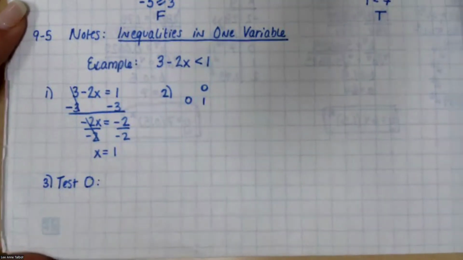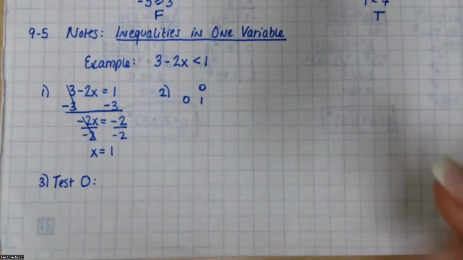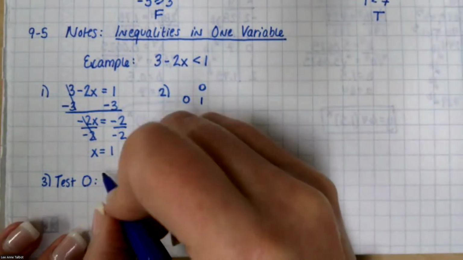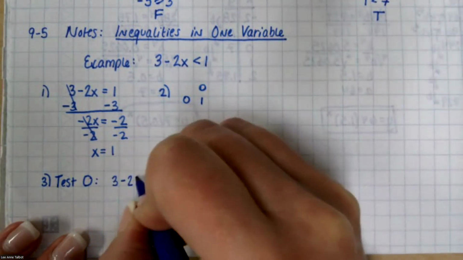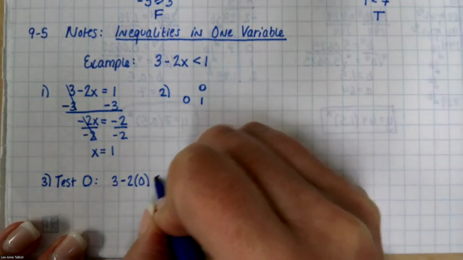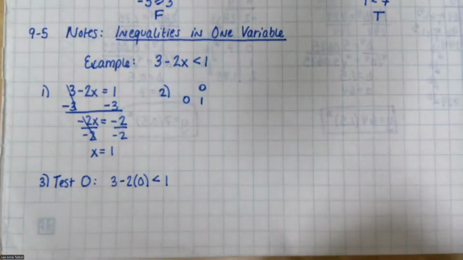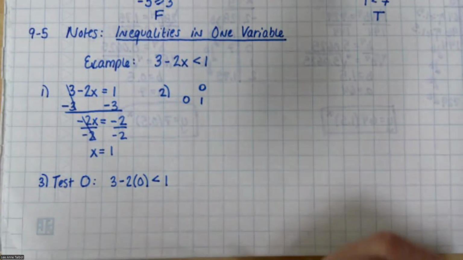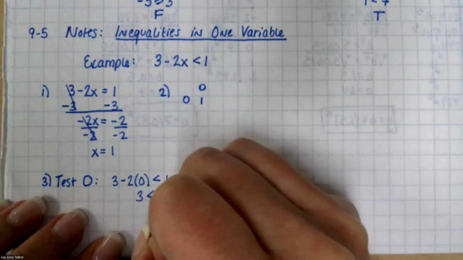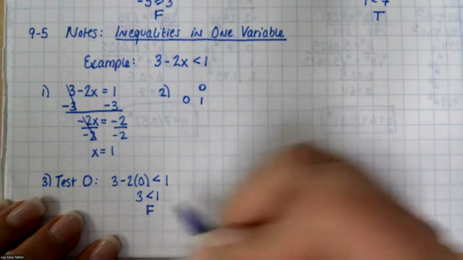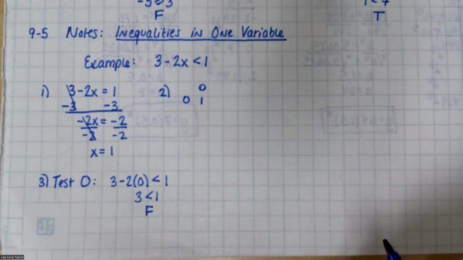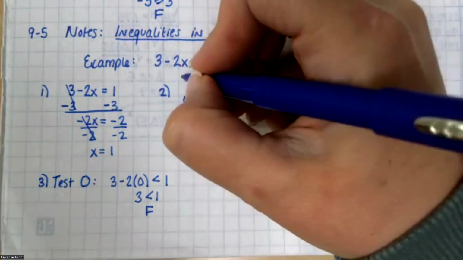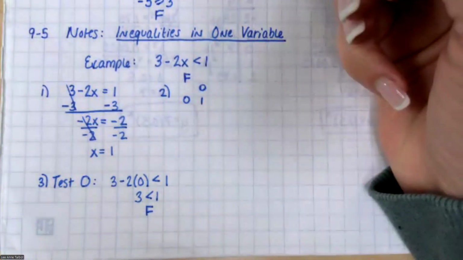So now I'm going to see if it's true or false on the left. So 3 minus 2 times 0 is less than 1. Correct. 3 is less than 1 is false. So that means I put a false on the 0 side.